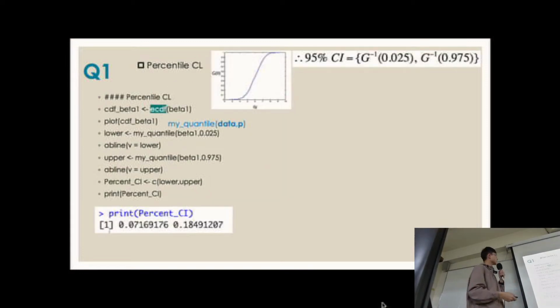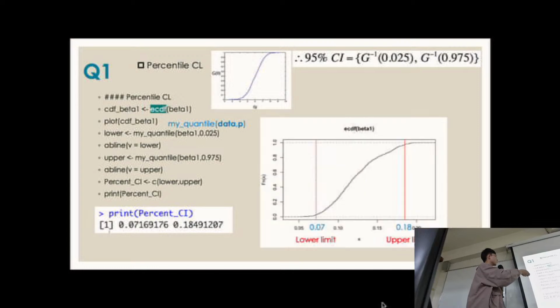So the first method is the percentile CI. I transfer my beta 1 variable to the CDF, use this function, the ECDF of beta 1, and the plot result will look like this. And these two are the coded results. To calculate the lower limit, based on my function, beta 1 is my data, and p is 0.025.